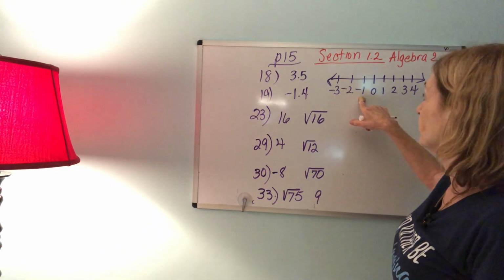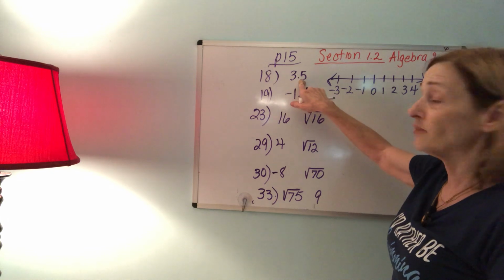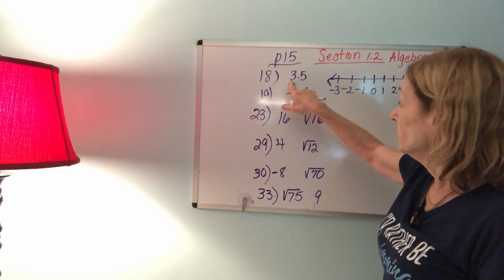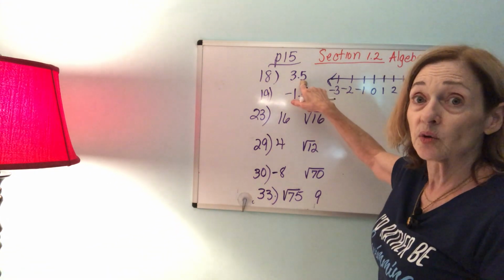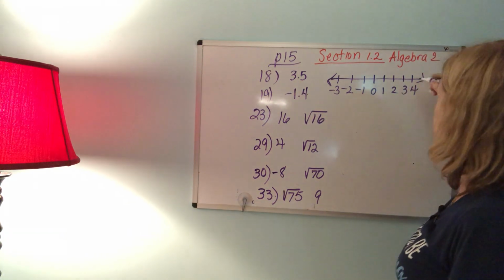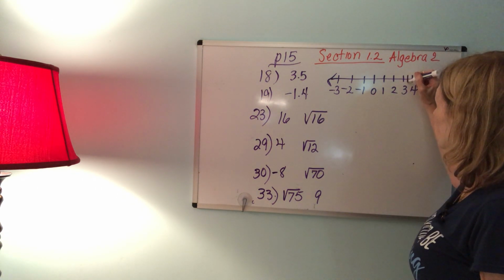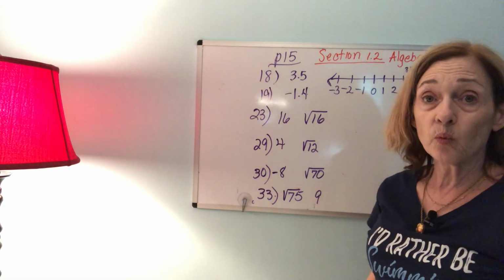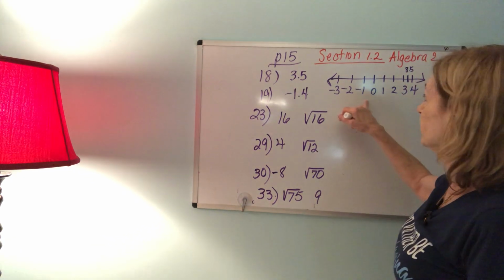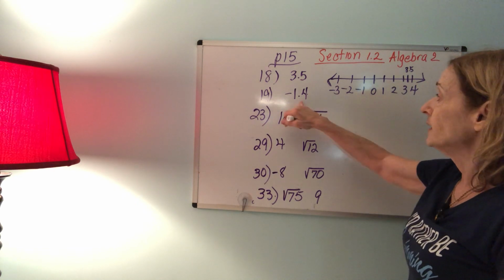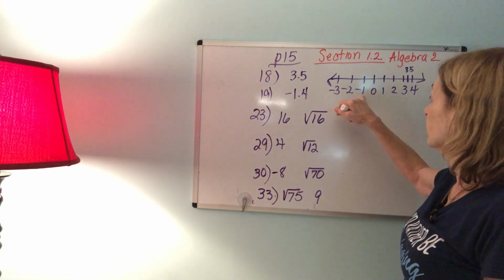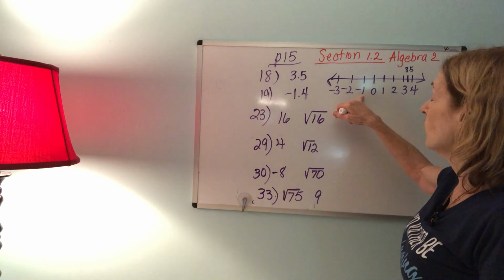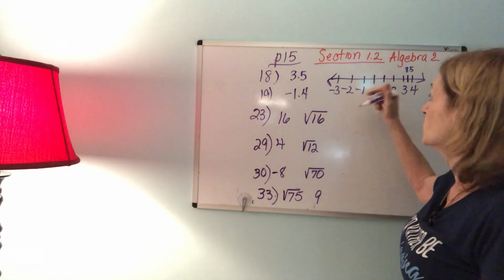Okay, so 3.5. Well, 3.5 is 3 5/10, or 3 1/2. So it's halfway between 3 and 4 right here. 3.5. -1.4, well, that's with the negatives, and -1.4 is smaller than -1, but bigger than -2.